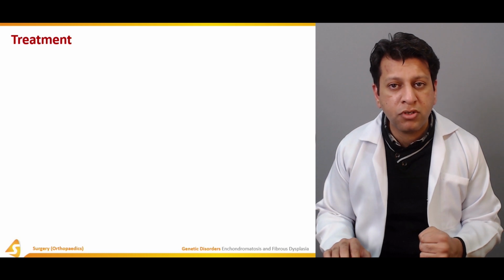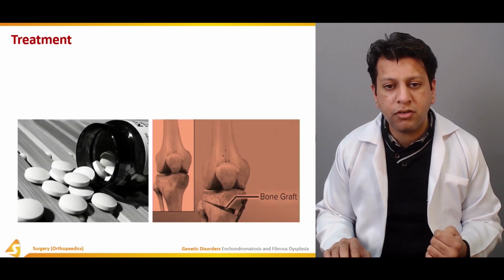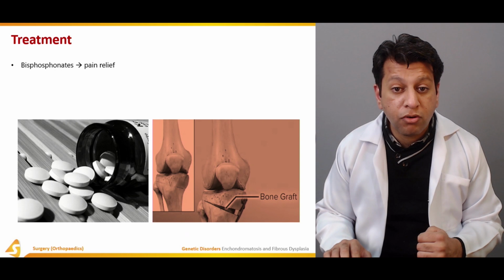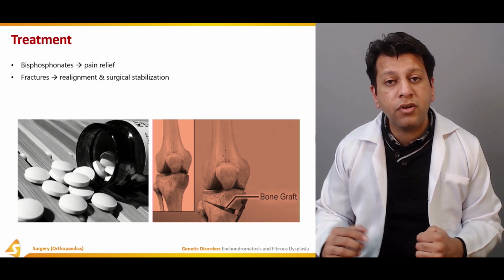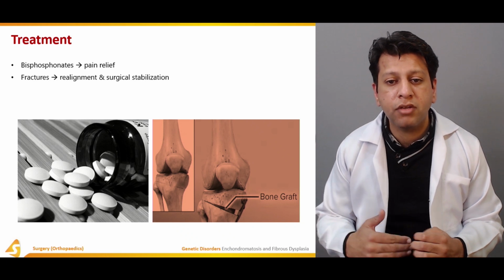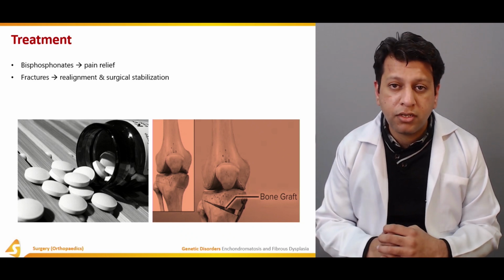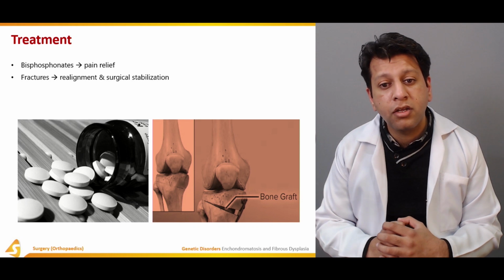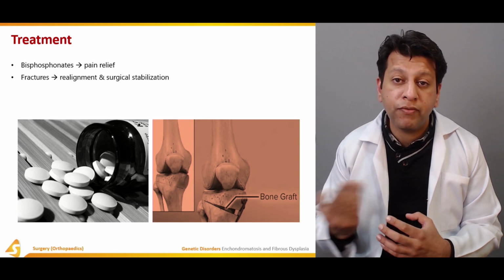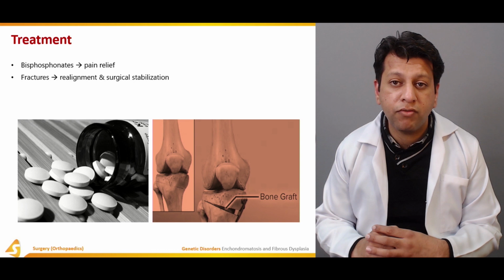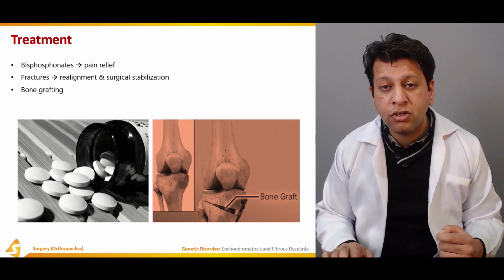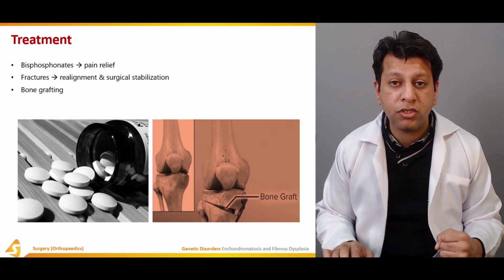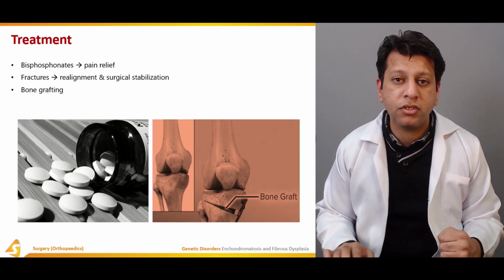If it's fibrous dysplasia, then the treatment is directed against fibrous dysplasia. Treatment includes the use of bisphosphonates to relieve pain, and if it has presented with a pathological fracture, then we have to do surgical stabilization with a nail, or realignment osteotomies may be required if it is associated with angular deformities of the joint. Then intralesional curettage and bone grafting is a must for the surgical resection of the fibrous dysplasia.